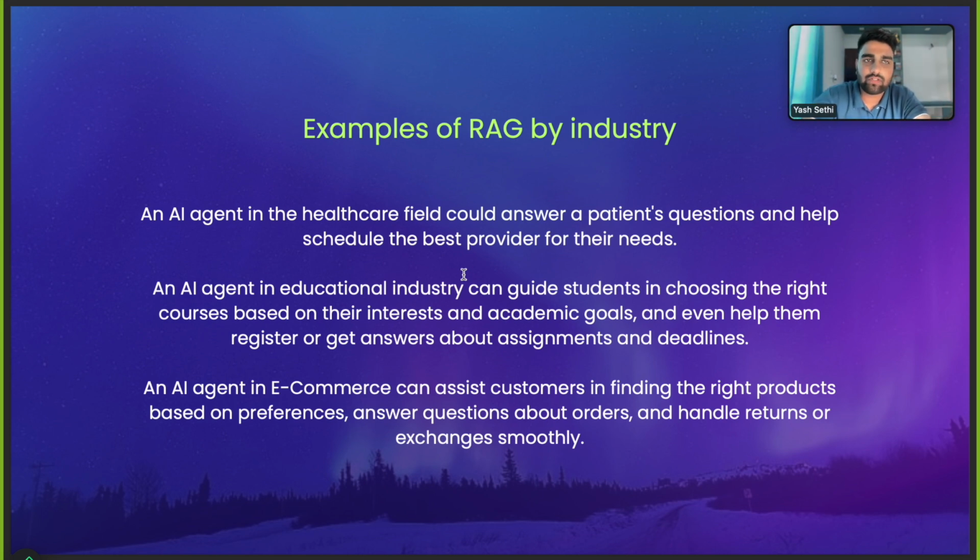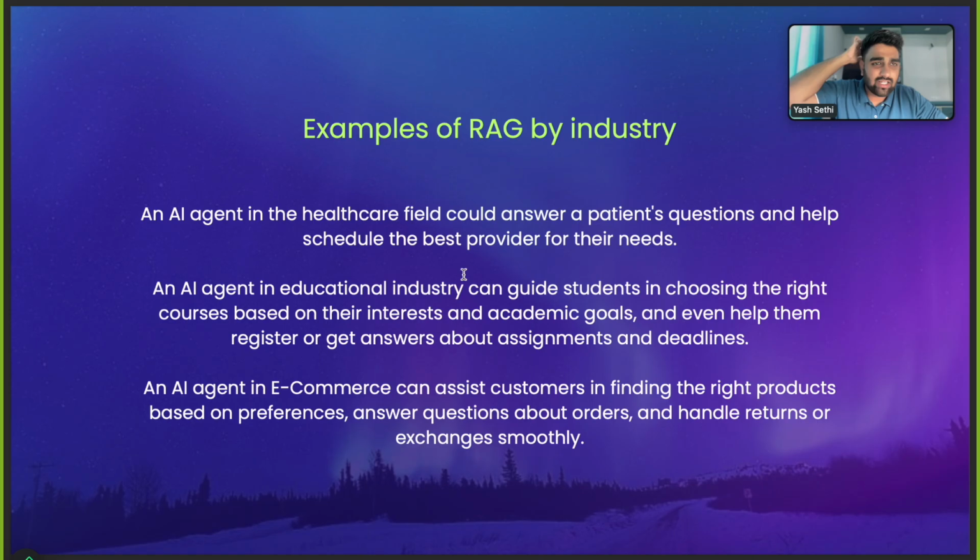The first example is the healthcare industry. An AI agent in the healthcare field could answer a patient's question and help schedule the best provider for their needs. Let's suppose there's a medicine and a document about that medicine, explaining why it should be used and in what diseases. I go to an AI agent, provide that PDF, and now I can ask the AI why we should use this medicine.